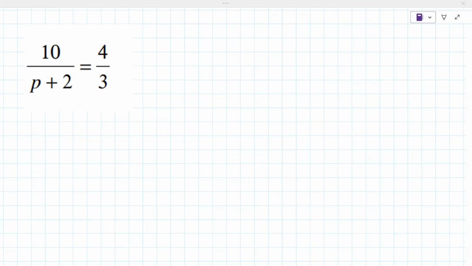Right, like 4.5.5. Yeah, it is, it's 11/2 or 5.5, yeah.